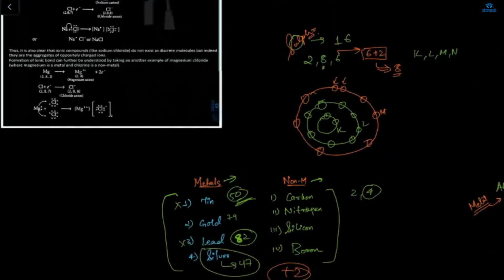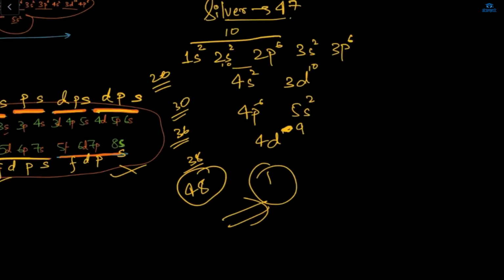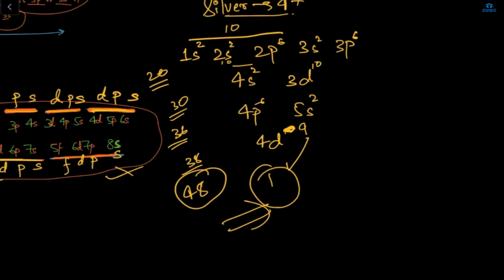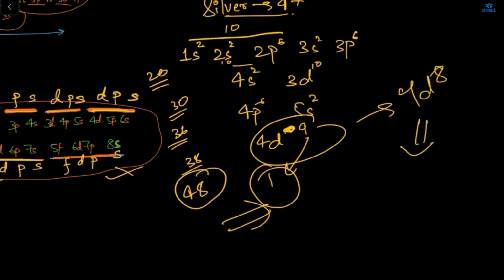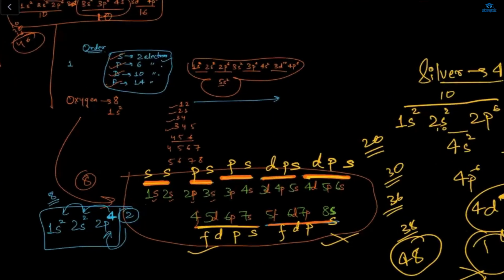So it will lose one electron. Now the outermost orbit will be completed, because with 9 it will lose one electron. So instead of 4d9, what will it become? It will be 4d8. So it's done. Very easy. If you follow this, it will be very easy for you to find any electronic configuration.